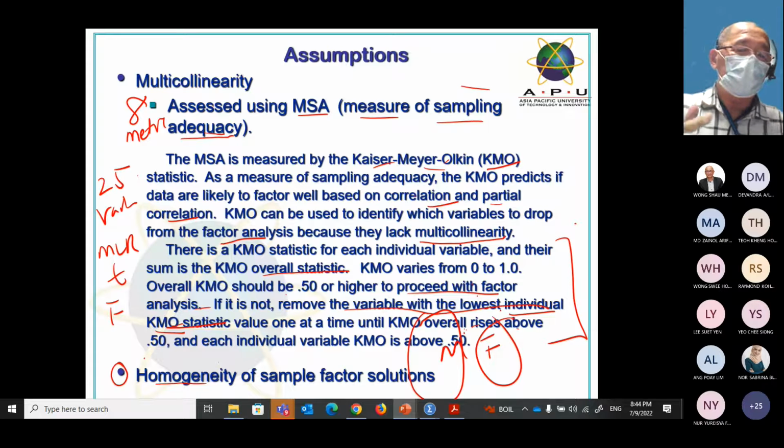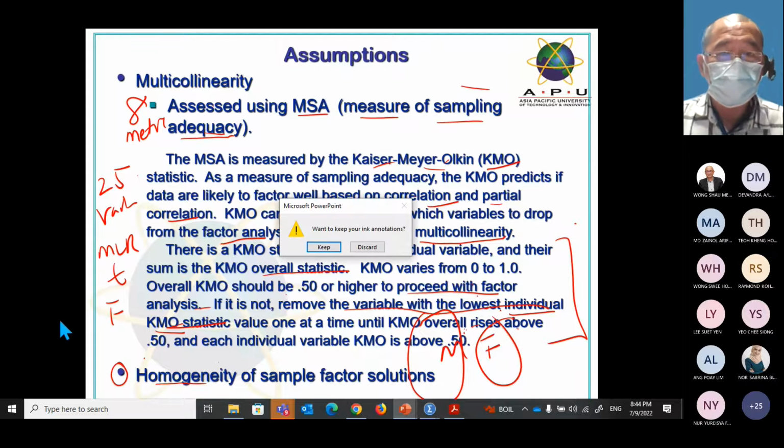You may consider using this method: the male you do one testing, the female you do one testing. Because within the cluster the correlation may be high, the result may be better, and it's easy for you to find the factors.